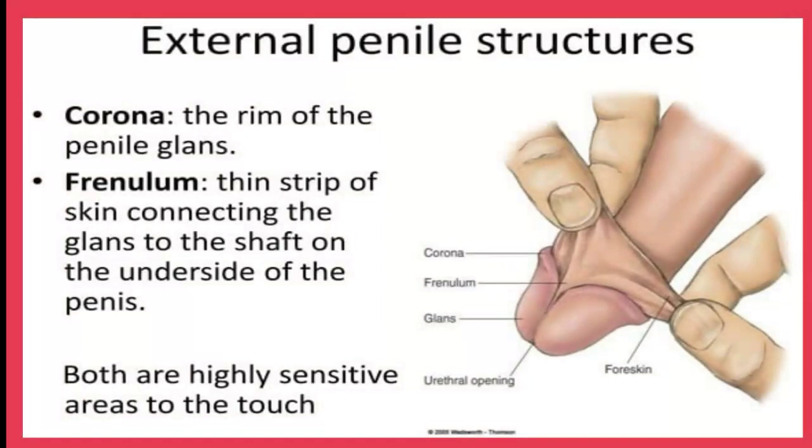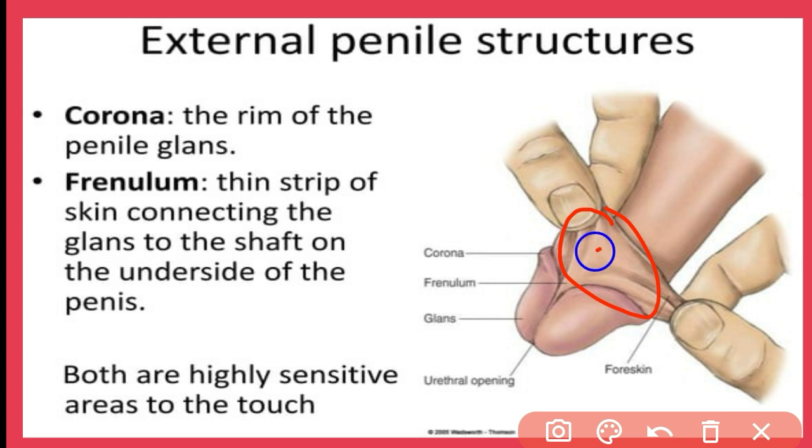In this image, you can look for the external penile structures. This is the foreskin of the penis. The corona, the rim of the penile glans. Frenulum, a thin strip of skin connecting the glans to the shaft. This is a frenulum.